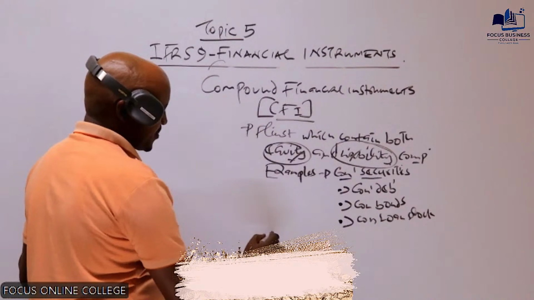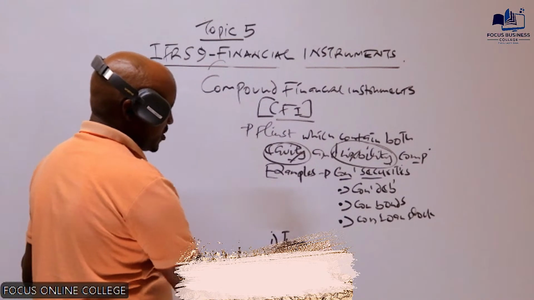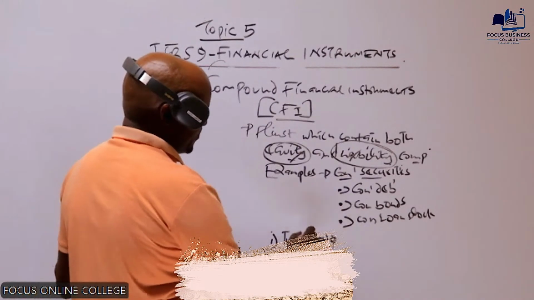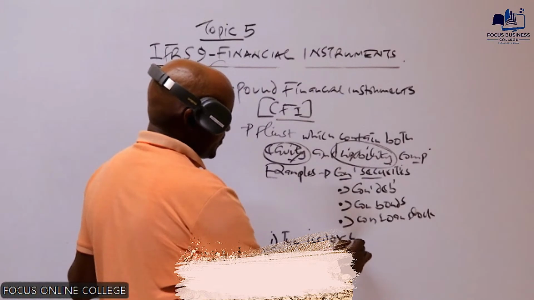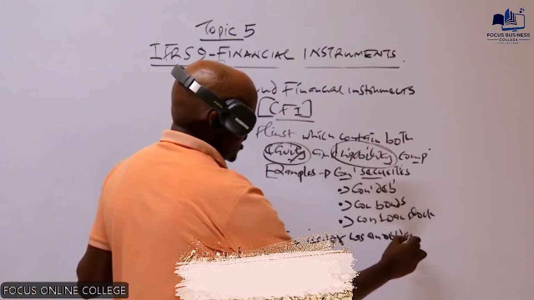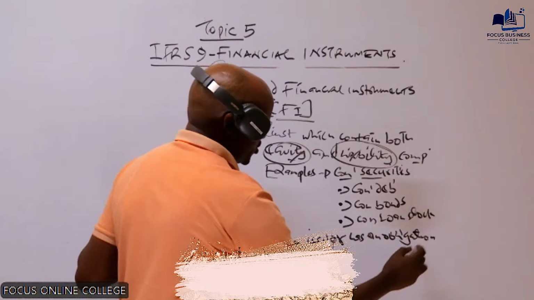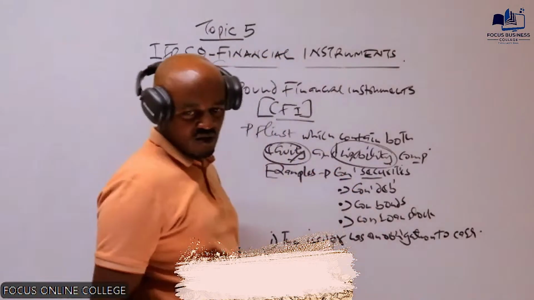One, the issuer, the company which has issued these convertible securities, has an obligation to pay cash. What does that mean?